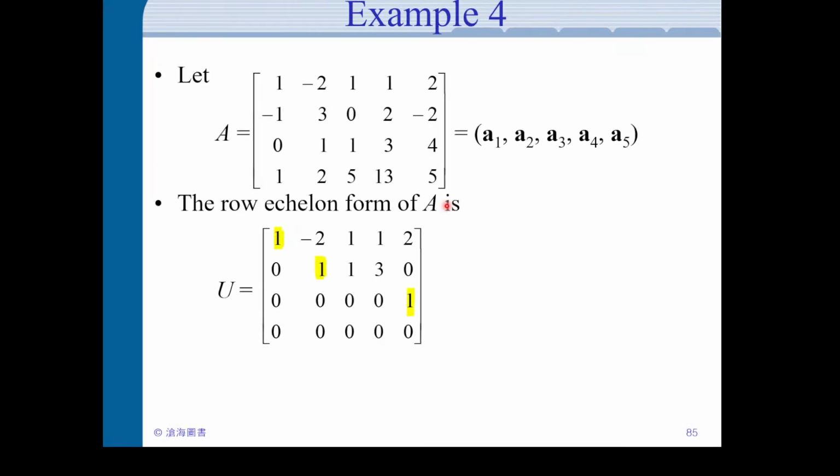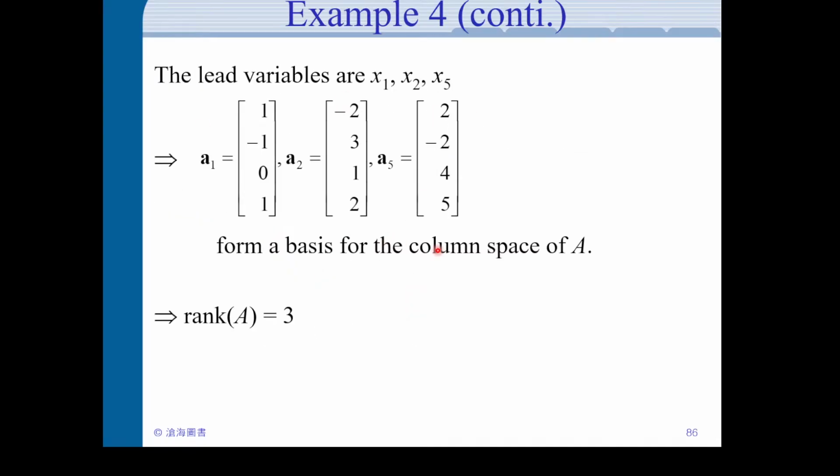And yeah, so let's see an example. We have a big matrix, and then we make it into actually only REF, because we are a bit lazy, so we only make it into REF. So we see there are 3 leaf variables here, and we know those 3 corresponding columns, so this column, this column, and this column, will be a basis for the column space of A. So this column, this column, this column, 1, 2, 5, and this also means the rank of A equals 3.